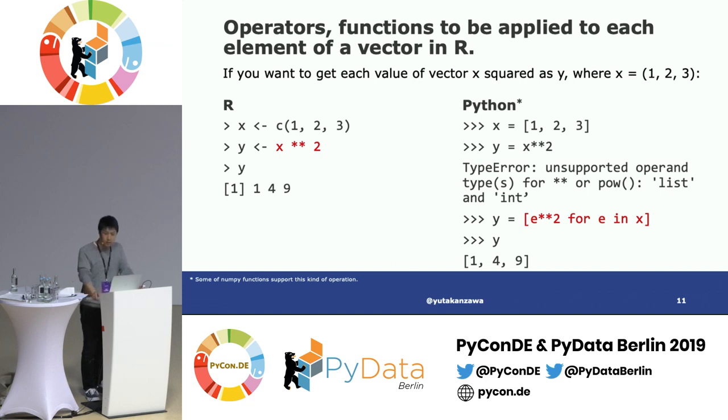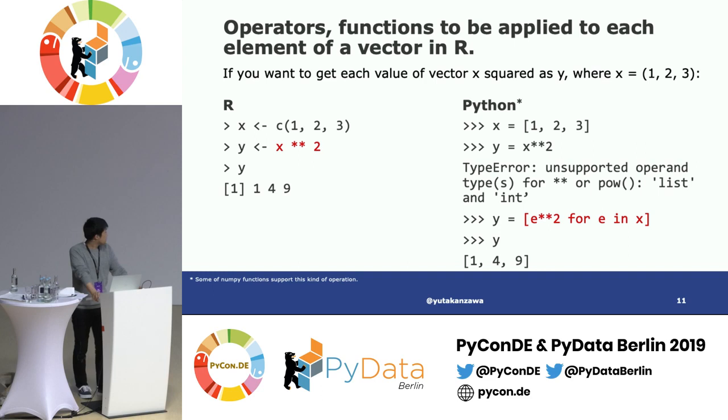Here's another, and one of the big differences for me between R and Python. In R, as most of you know, operators and functions basically apply to each element of a vector, while not in Python. This is a simple example with the vector x. Elements are 1, 2, 3.